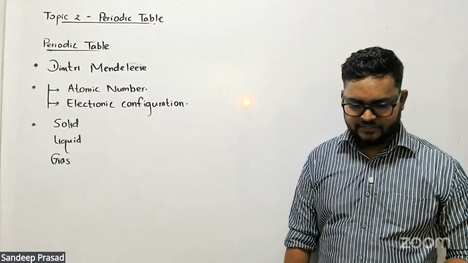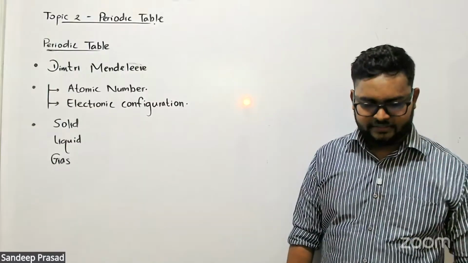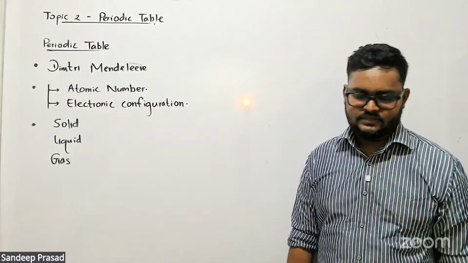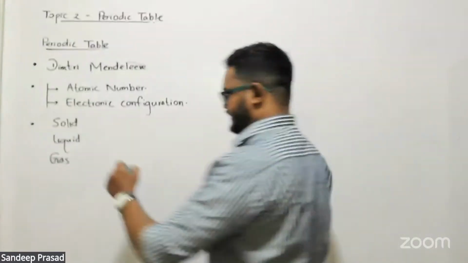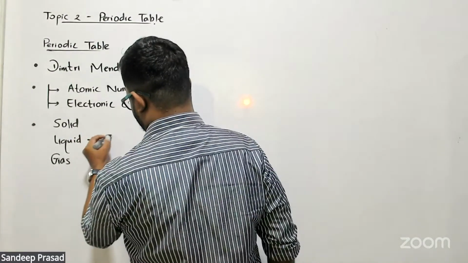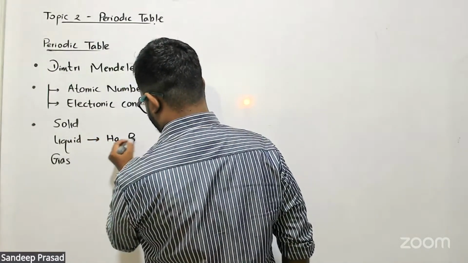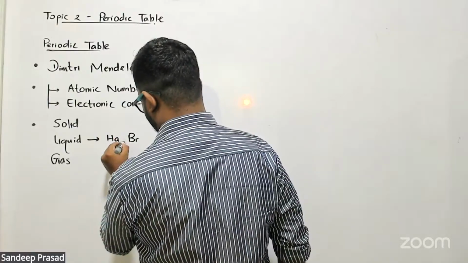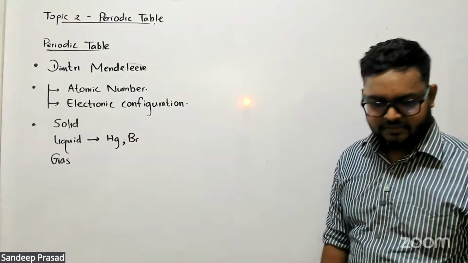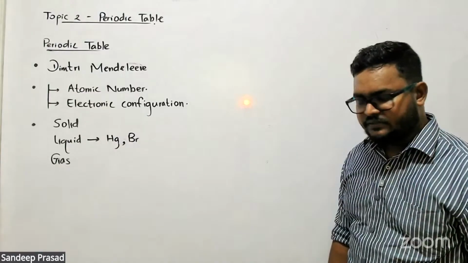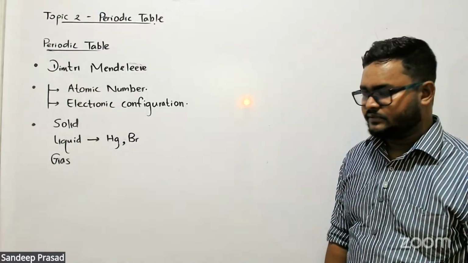First of all, tell me how many. Yes, one is mercury, right? There are two elements. The first one is mercury, okay? Mercury. And the other one is bromine, Br. Mercury and Br, yes. These are the two liquid elements in the periodic table.